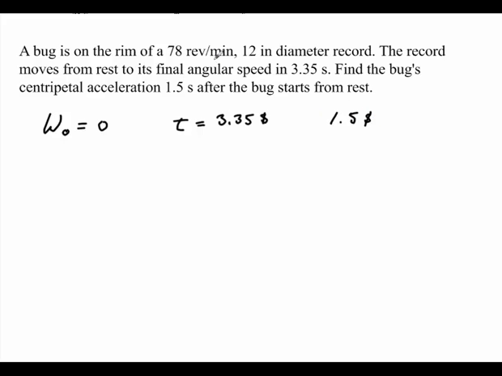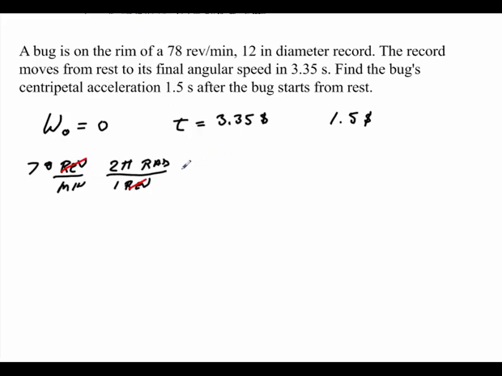Alright, we'll take this value, 78 revolutions per minute, and convert that to radians per second. I don't want to set it equal, I want to multiply. So we multiply by 2 pi radians over 1 revolution. Revolutions will cancel out, and we're left with radians per minute.